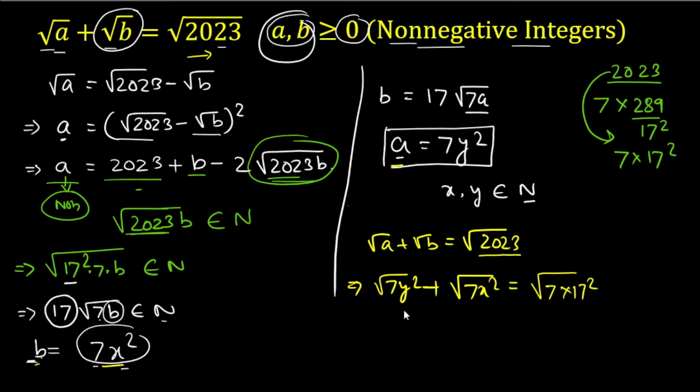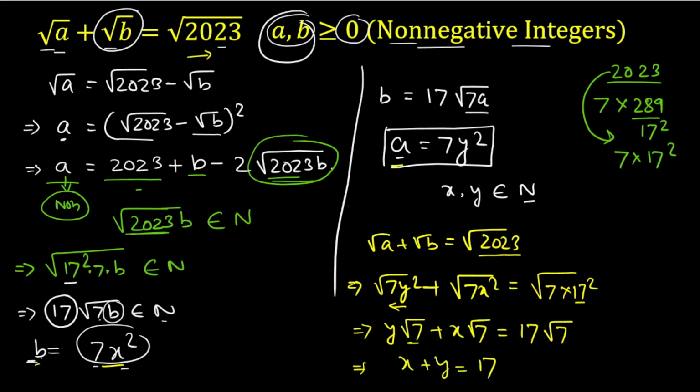Now here we can take y outside the square root, so we can write y square root 7 plus x square root 7, and that is equal to 17 outside the square root, and square root 7. Now if we divide both sides by square root 7, we'll get x plus y is equal to 17.